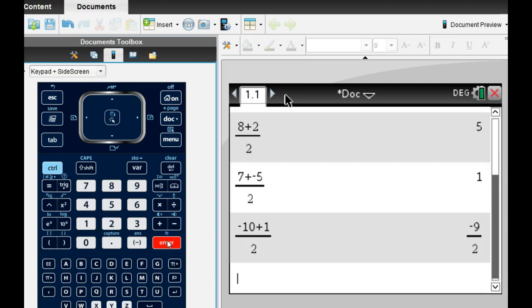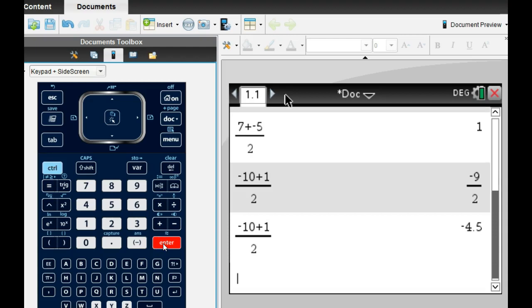Now, does anyone know how to get from a fraction to a decimal in your calculator? Okay, so you do press Control Enter. So Control's up here. Yours is yellow. I think mine's blue. Control Enter. Negative 4.5. Let's write that down.